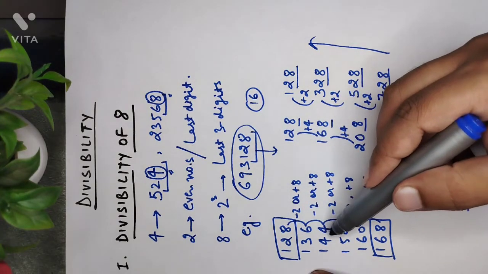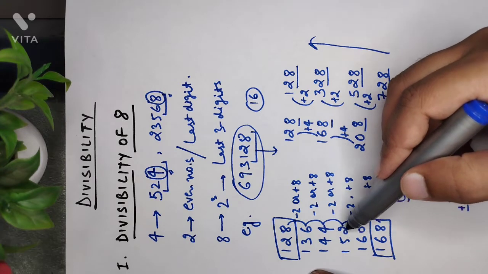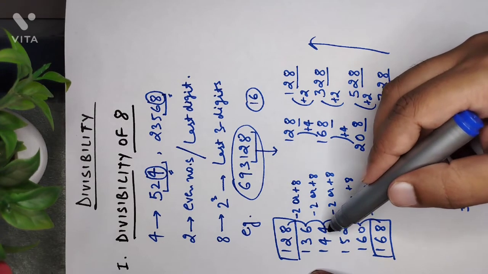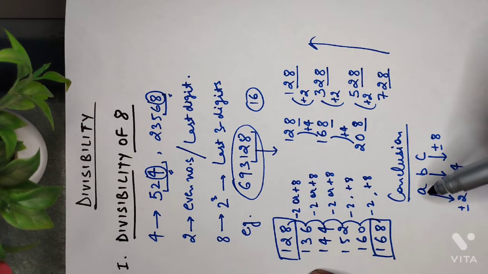If I subtract 8 from 14, I will get 6. If I subtract 8 from 12, I will get 4. So this unit digit works for plus minus 8. The pattern for this middle digit is plus minus 4, and the pattern for this 100th digit is plus minus 2.